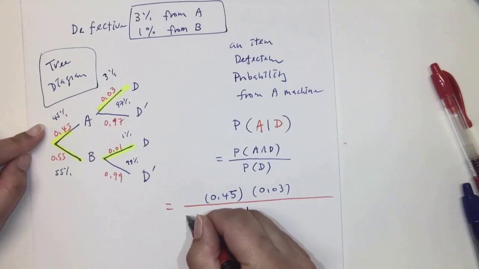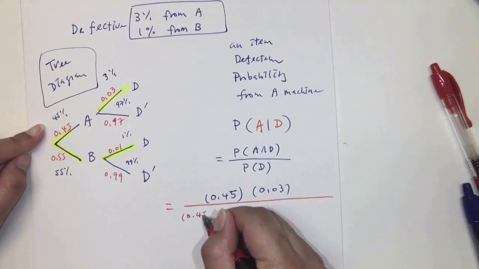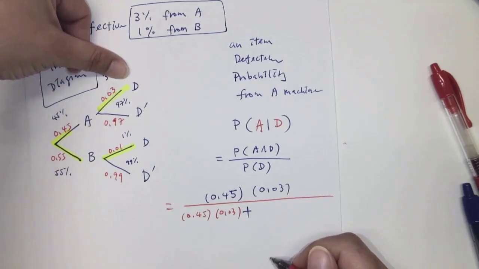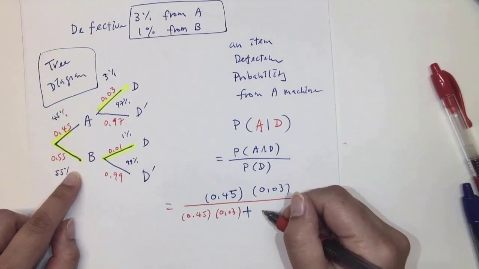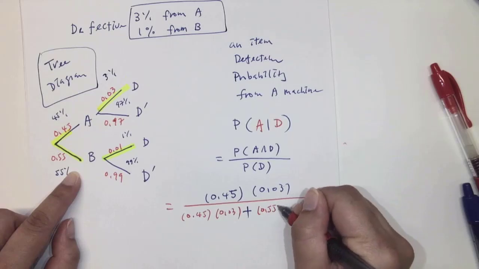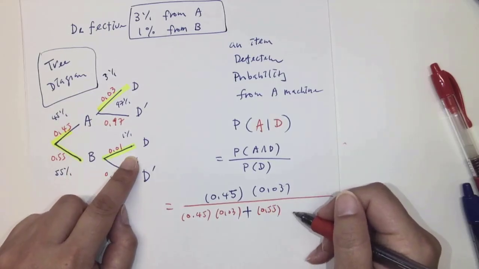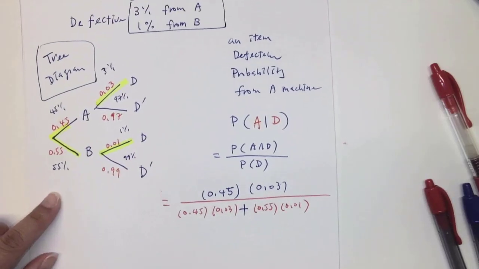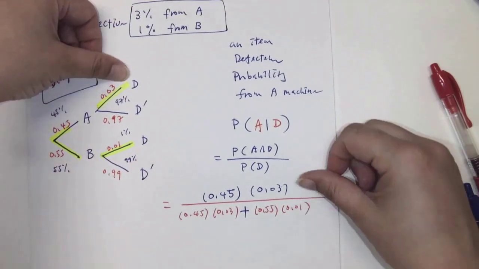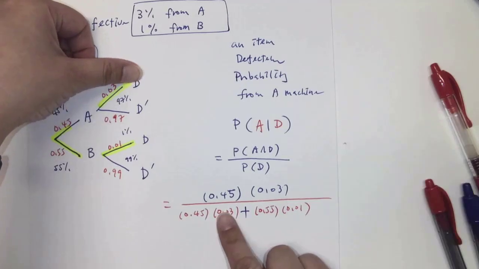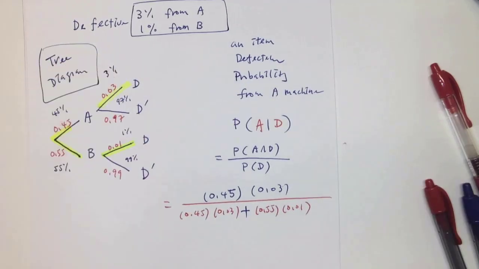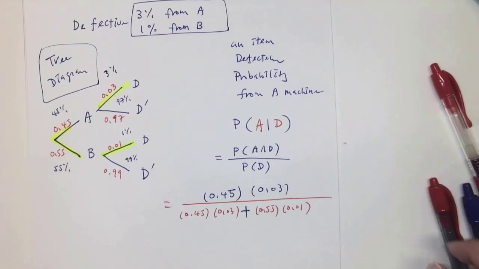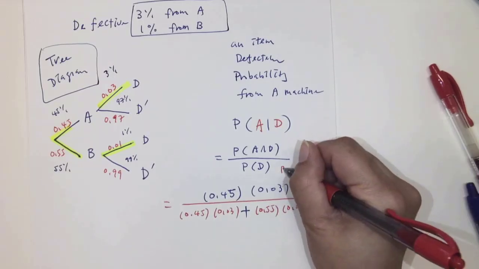From A to D is just what we have earlier, 0.45 times 0.03, the top one to D. And then the bottom one, you have 0.55 and then also go to D, which is 0.01. Are we okay? So A to D is on top, plus B to D at the bottom. Top is both of them, bottom is the path to D.